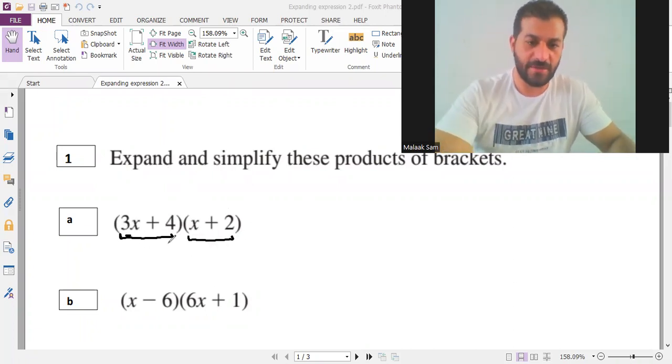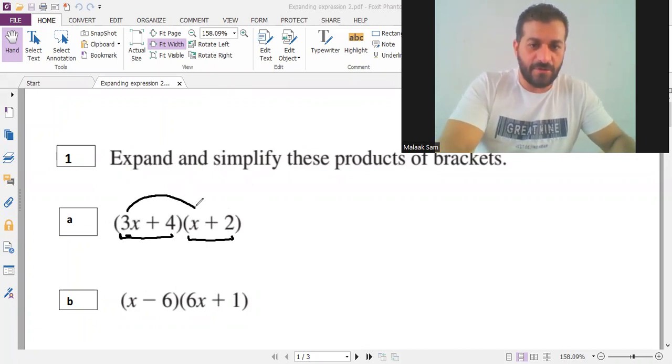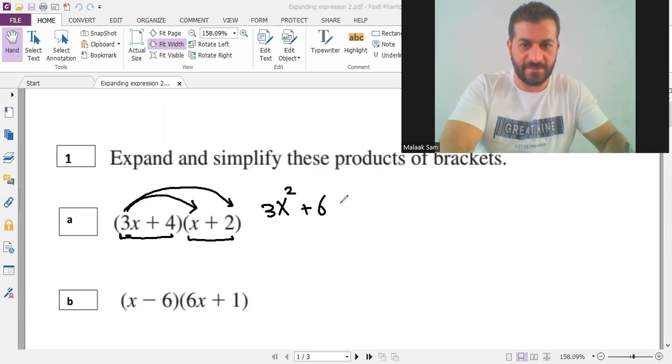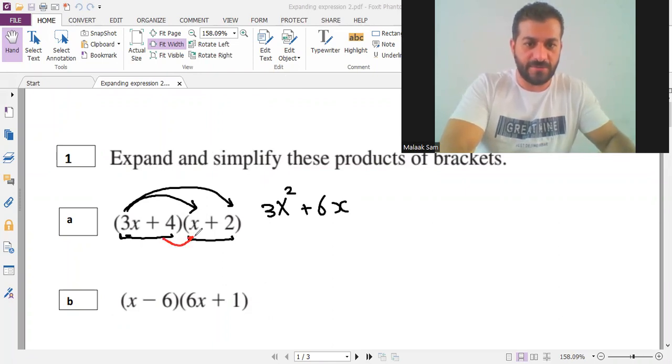So in this case, we are going to expand multiplying 3x by all terms of the second bracket. So 3x multiplied by x, it will be 3x squared. And 3x times 2, it will be 6x. Okay. And then multiply 4, the second term, by all terms of the second bracket.